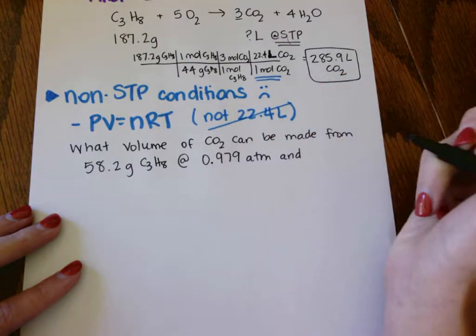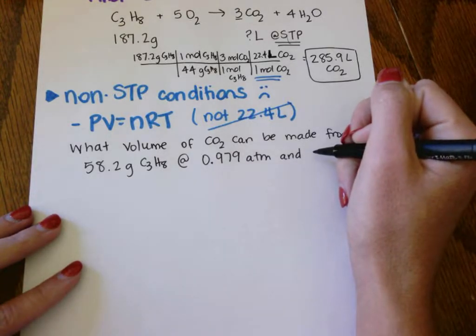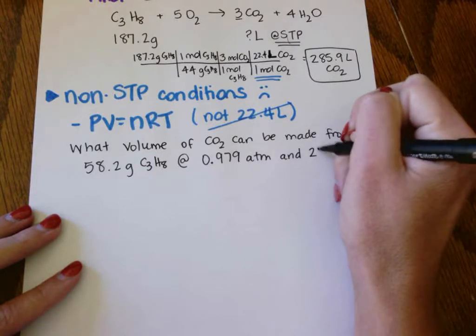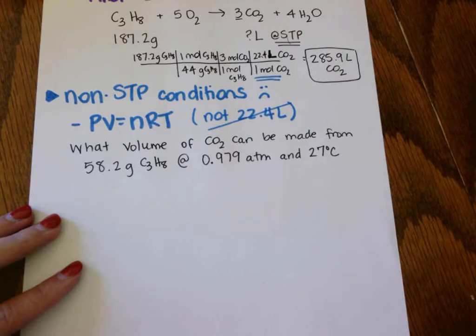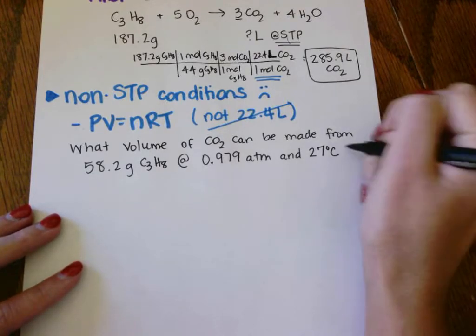And it's not 0 degrees outside. It was almost 70 the other day. Ooh, crazy. So let's make it 27 degrees Celsius outside. A nice warm day to grill a burger.